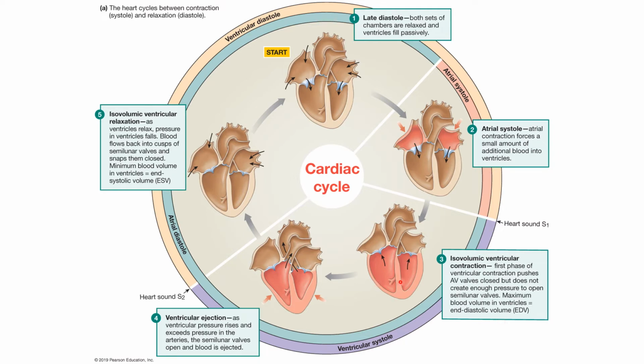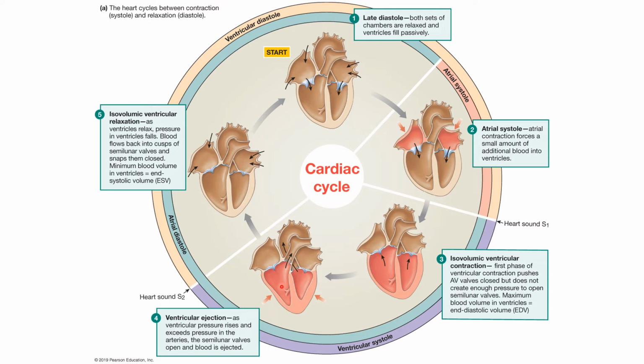So the volume in your ventricles right here is known as the end diastolic volume. Diastolic because, again, the ventricles have not really started their full strong contractions yet, and so we call it the EDV.